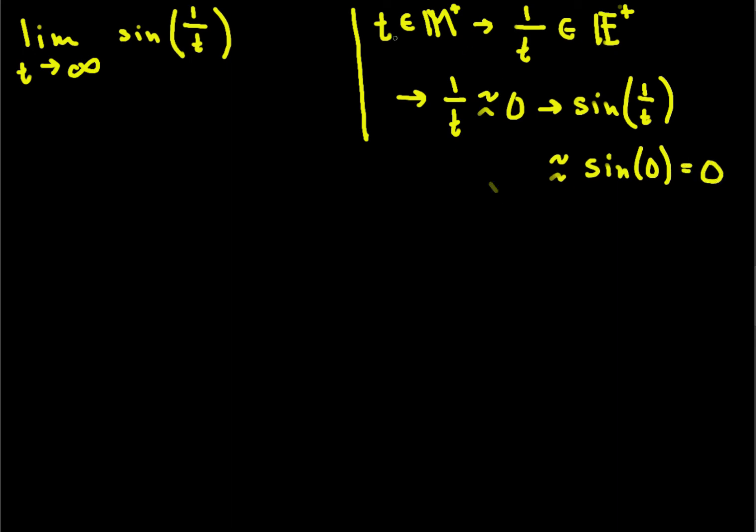Therefore, if t is an infinite number, 1 over t is an infinitesimal, and so sine of 1 over t is infinitely close to 0, and that's our limit. Well, not a 6, but a 0.